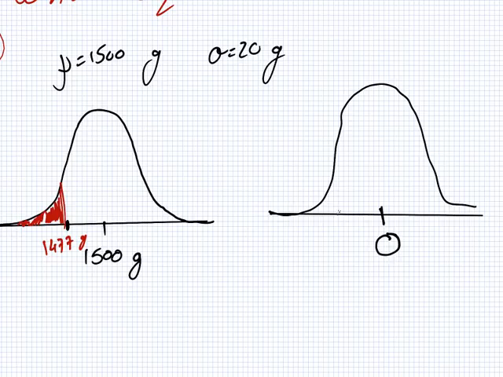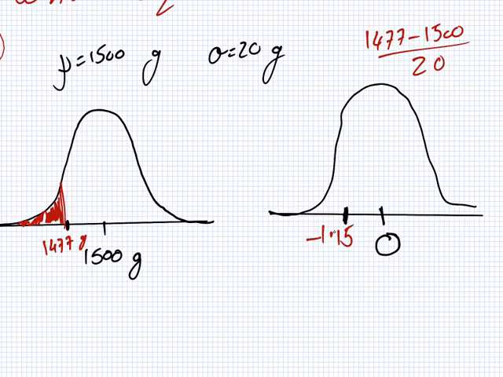And then here, we'll do it here, 1477 minus 1500 over 20. So here I get minus 1.15.